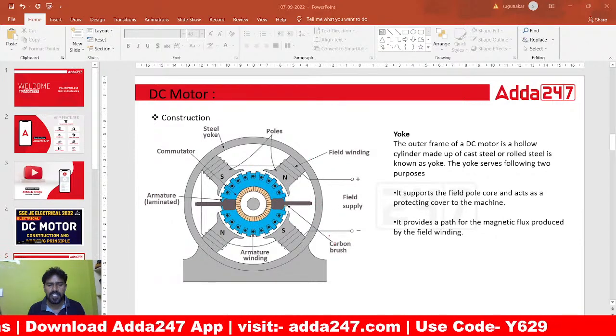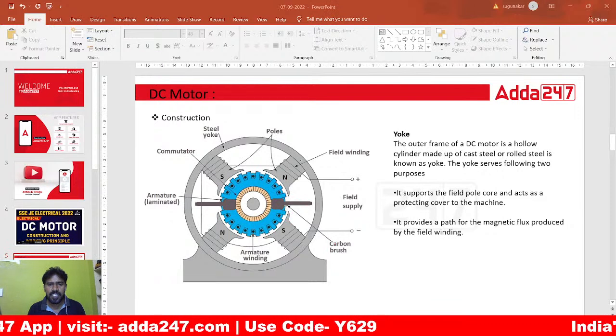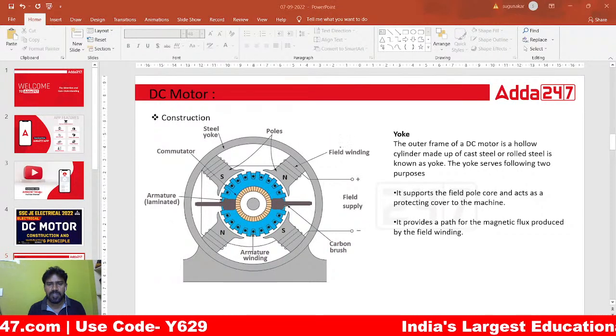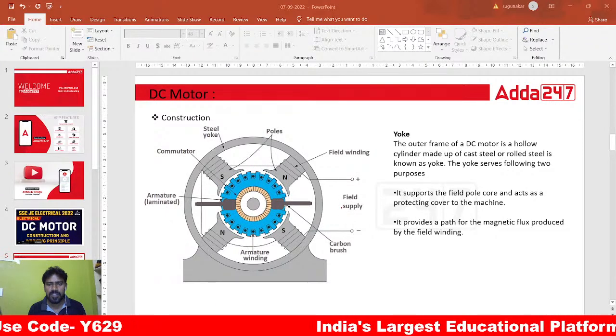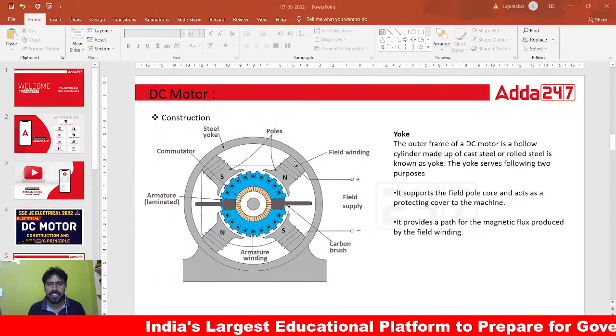This is the conductor, and the conductor sides are there: A, B, C, D.